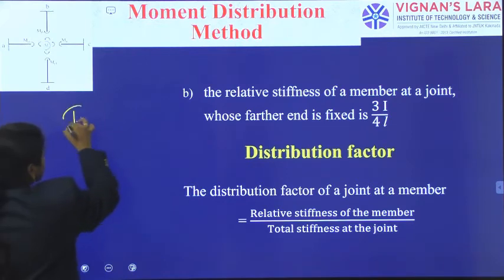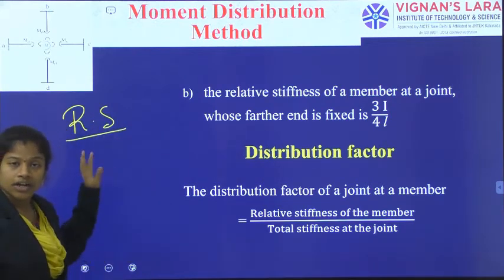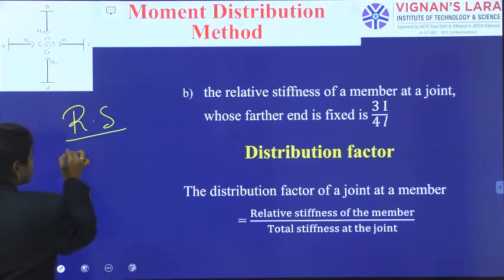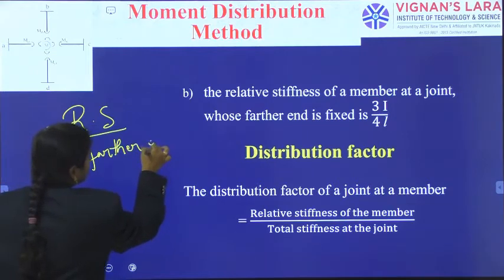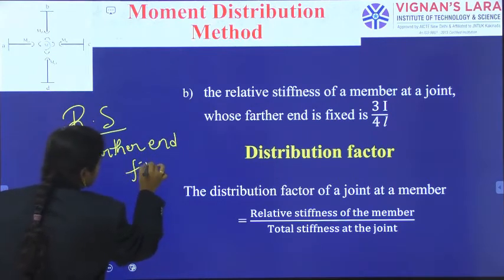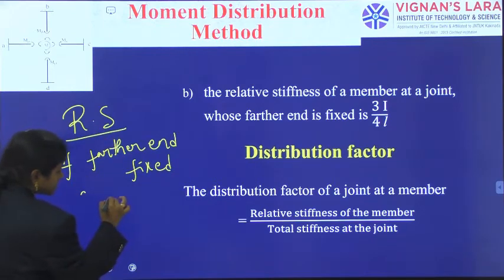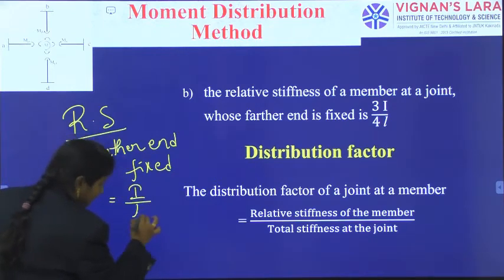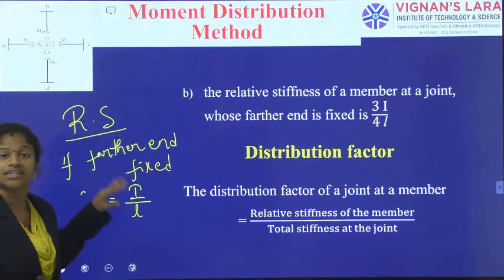So relative stiffness has two formulae. What are those relative stiffness formulae? If the farther end is fixed, relative stiffness is equal to I by L, just the ratio of the moment of inertia of the section to the length of the section.